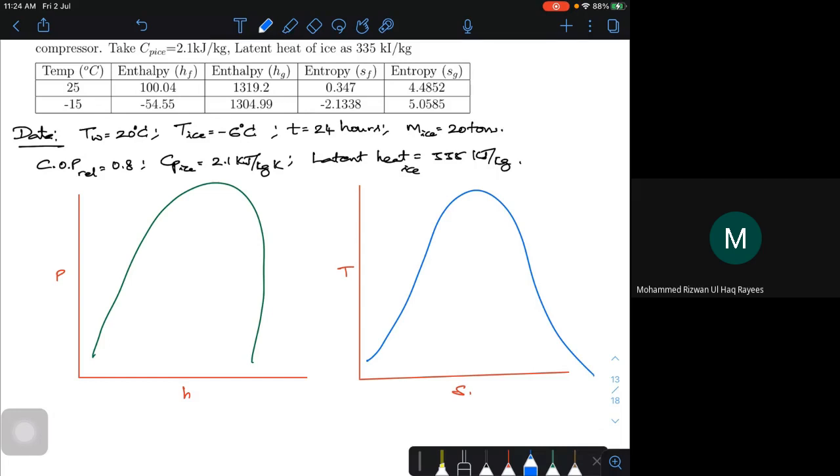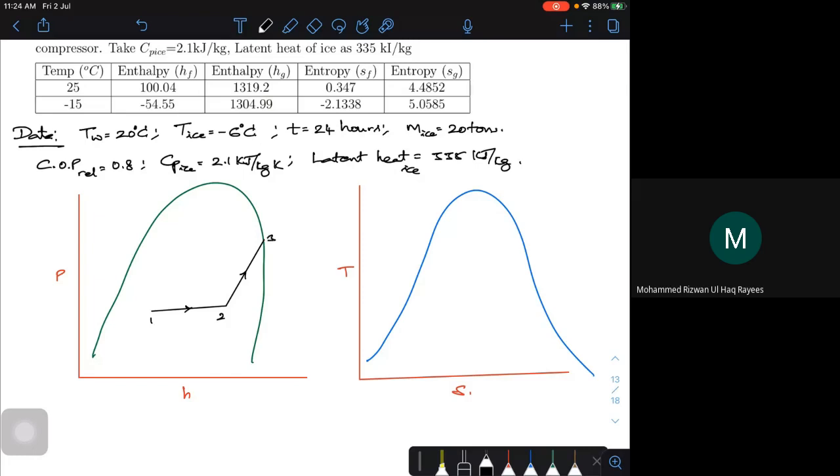Now the process is 1 to 2. At the end of compression the vapor is dry, that's what they are telling us. So it goes like this from 1 to 2; at the end of compression it is dry saturated.